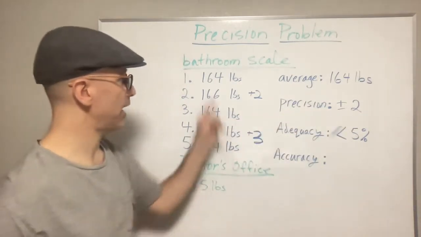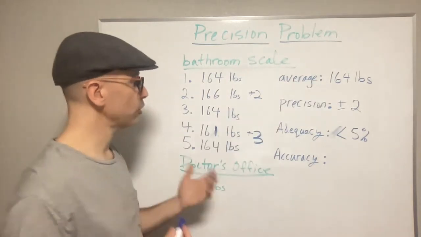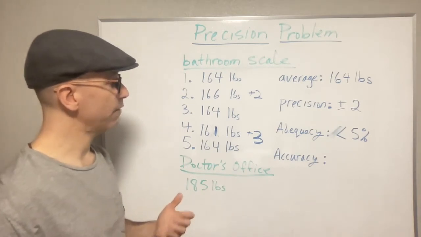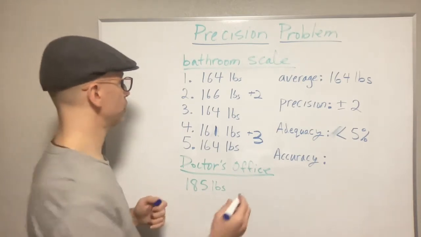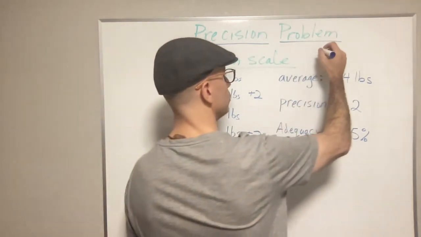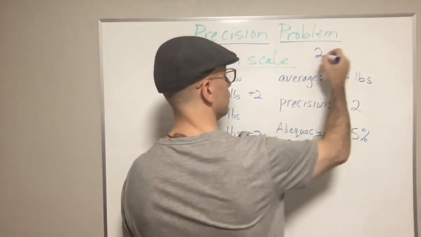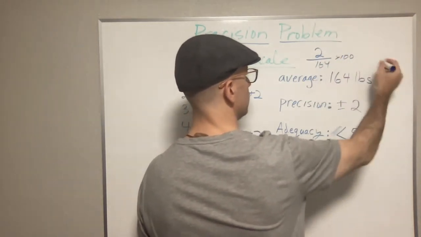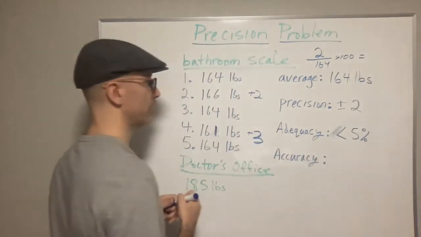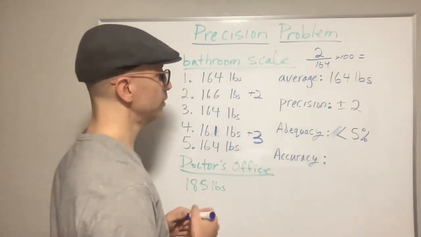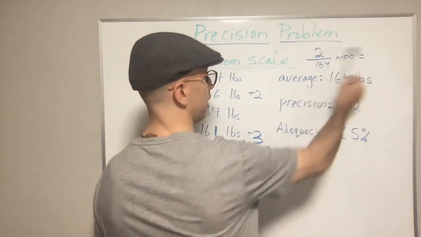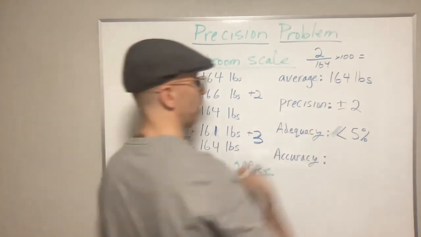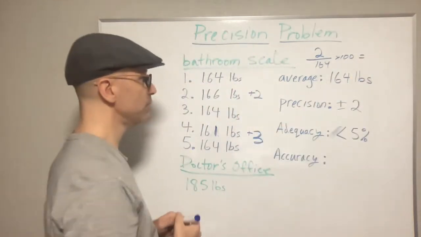So 2 divided by the average multiplied by 100 is going to give us definitely something less than 5%. So you would just take the 2, divide that by 164, multiply that by 100, and you calculate that. It's definitely going to be less than 5%. If this was 100, then it would be 2%, but this is more than 100, so it's even going to be less than that. So whatever that number comes out to be.